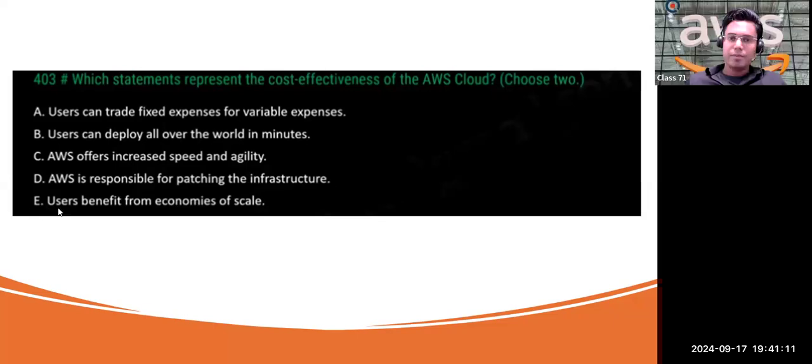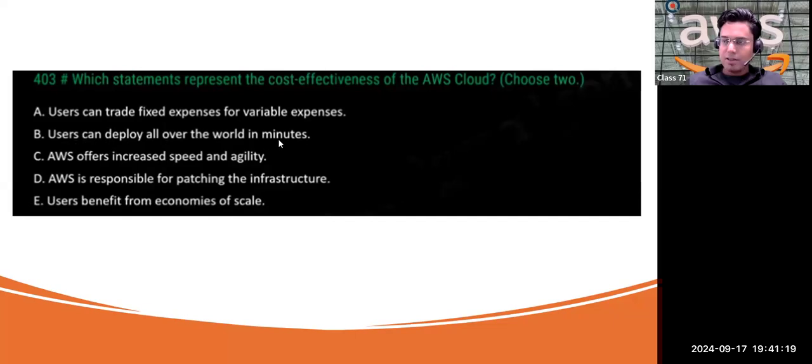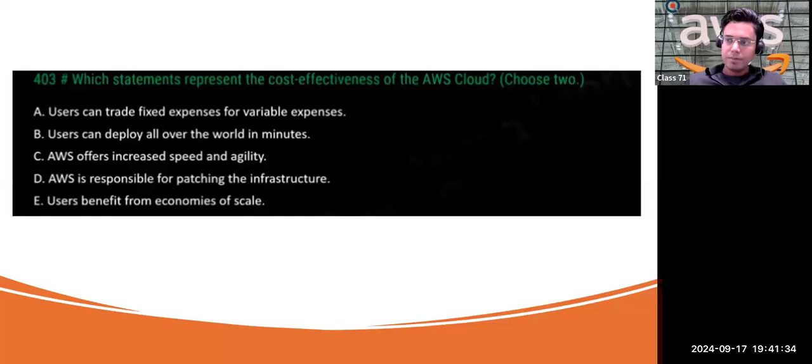And this one, E, users benefit from economies of scale. That's right. Users can deploy all over the world is an advantage of cloud, but it's not cost effectiveness. So E, they're saying the more customers, the cheaper. Yeah, correct.